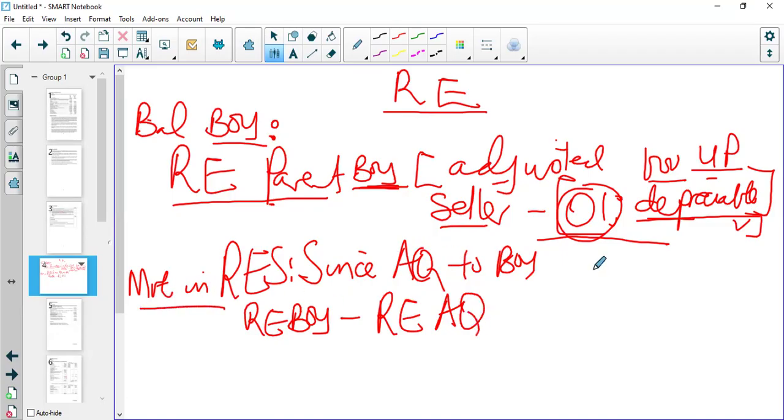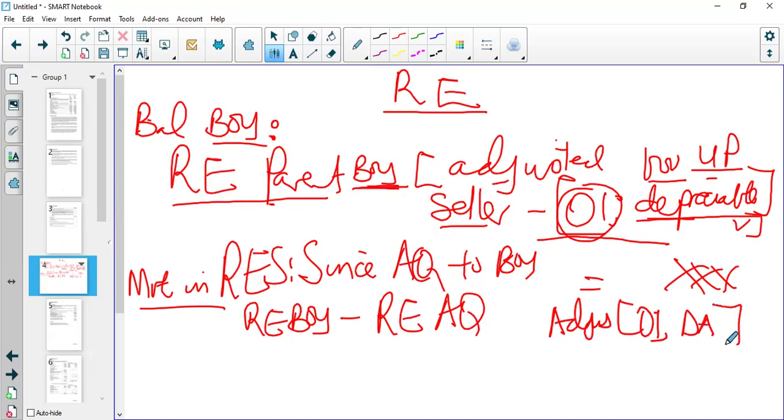This is the movement, and that movement should be adjusted for opening inventory and depreciable assets unrealized profit, if the subsidiary was the seller. So we look for those cases where the subsidiary was the seller: if it was a seller of inventory, we adjust for unrealized profit in opening inventory, and also for unrealized profit in the depreciable asset if the subsidiary was a seller of a depreciable asset.